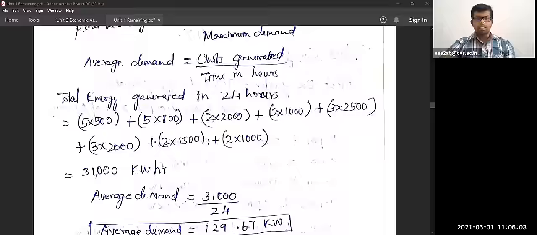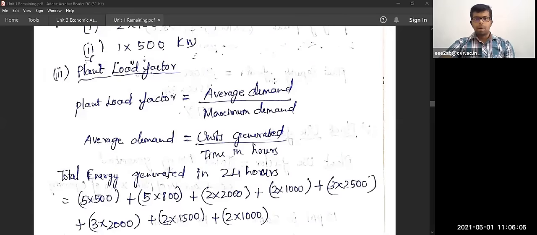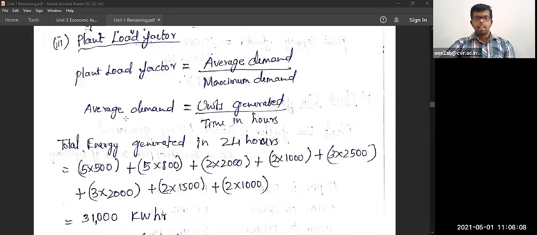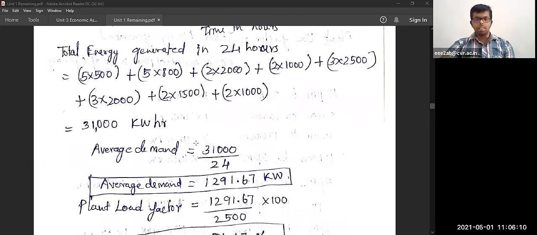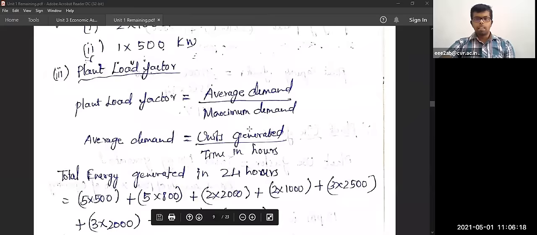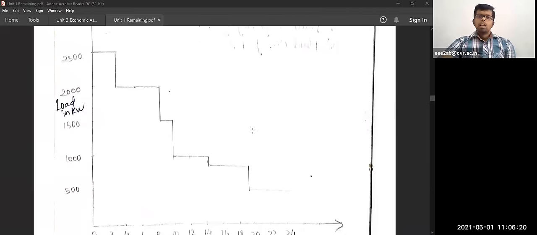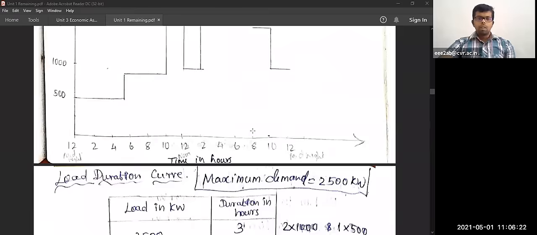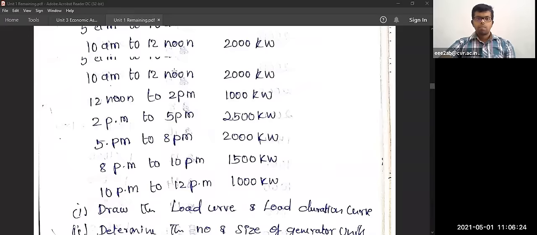So what is plant load factor? The formula is average demand divided by maximum demand. Average demand we have calculated as 1291.67 kilowatt, divided by the maximum demand. What is the maximum demand? We can identify it directly from the problem.